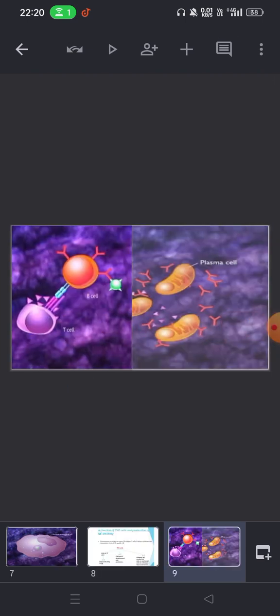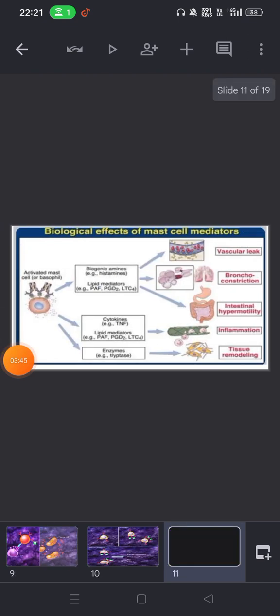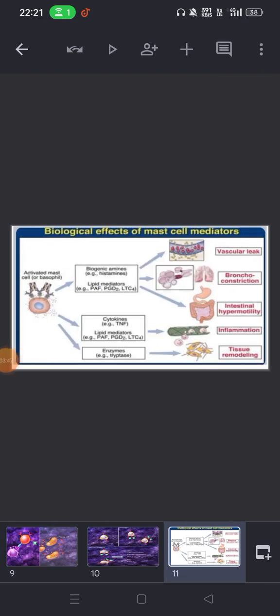After that, T and B cells combine in the plasma membrane. Mast cells are then exposed a second time. After second exposure it causes capillary dilation, airway constriction, mucus secretion, pain and itching, by which many biological effects are caused by mast cell mediators.